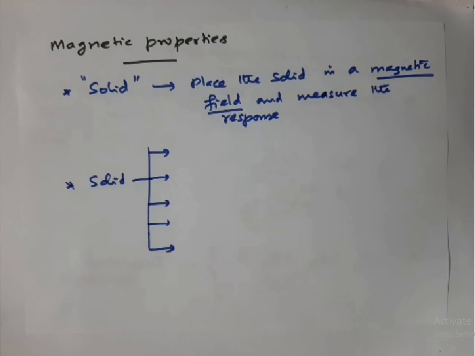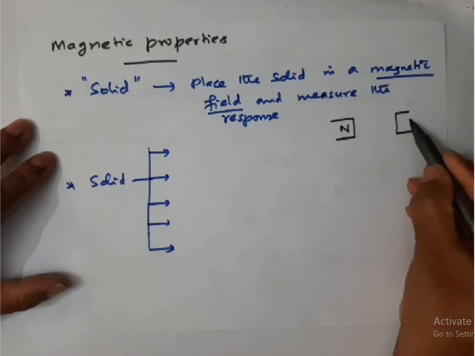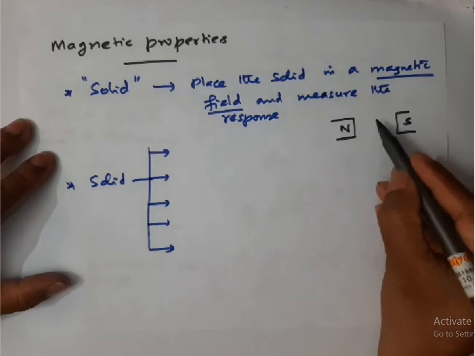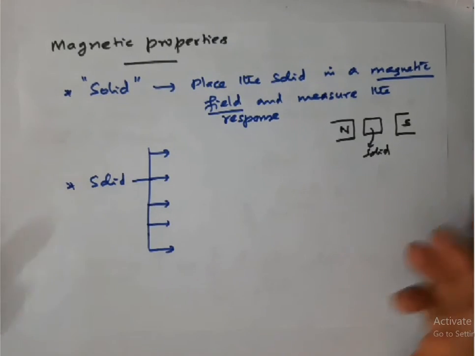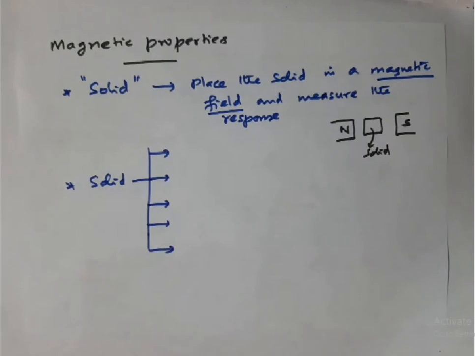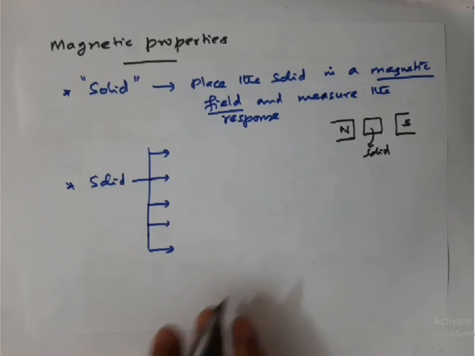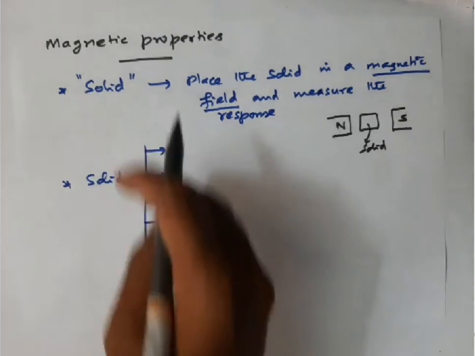What I'm saying, actually, you take the magnetic field. This is north pole, let this be south pole, and place your solid inside. This is your solid. Apply the magnetic field and see the response of the solid. Based on the response, we classify the solids into different types.